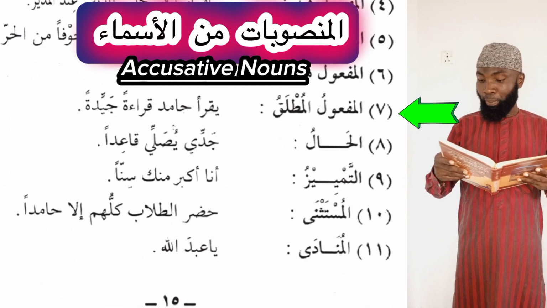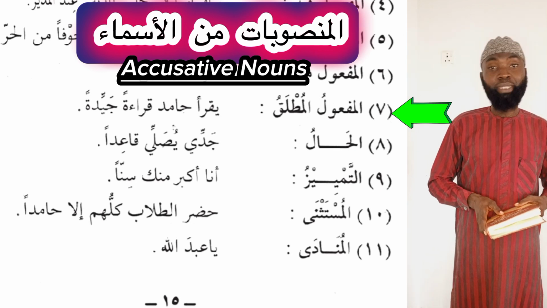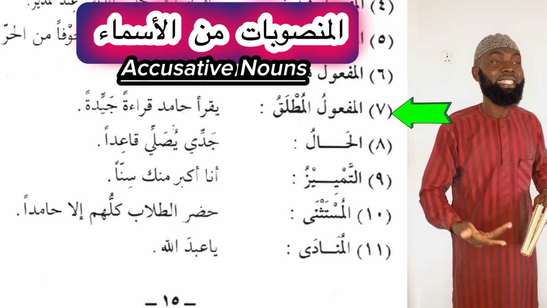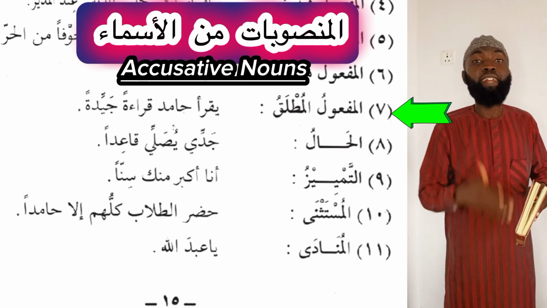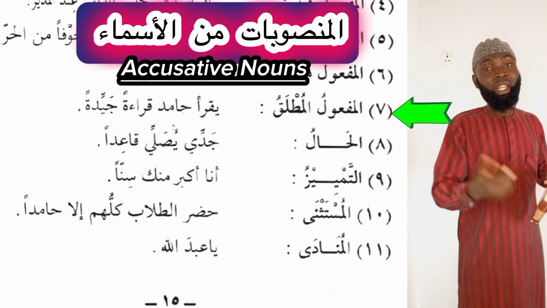The next one is al-maf'ulu mutlaq, which means the absolute object. This absolute object is the one we use in emphasizing the action that is being performed by the verb, and it is usually gotten from the verbal noun. Can I give an example?